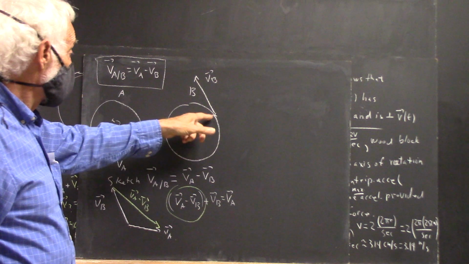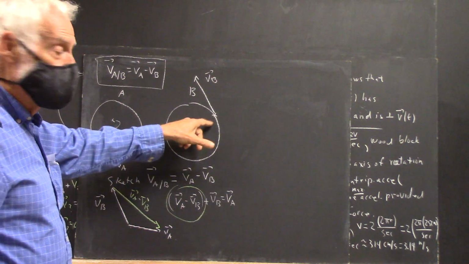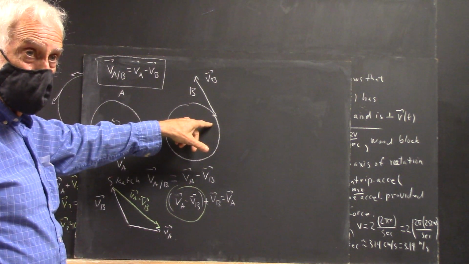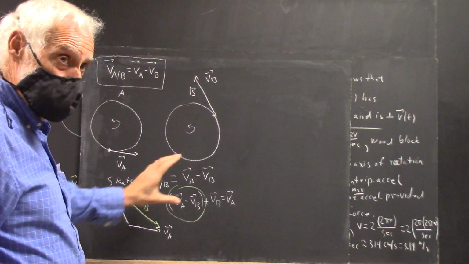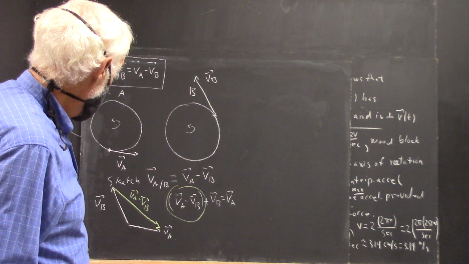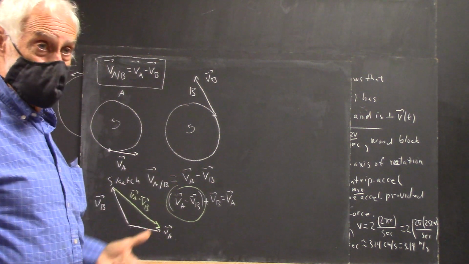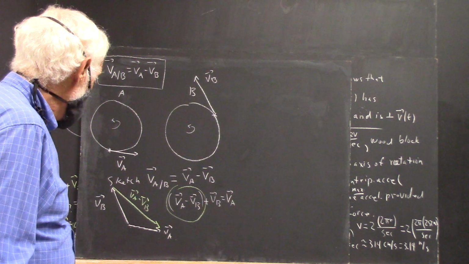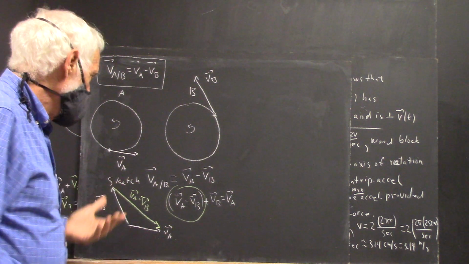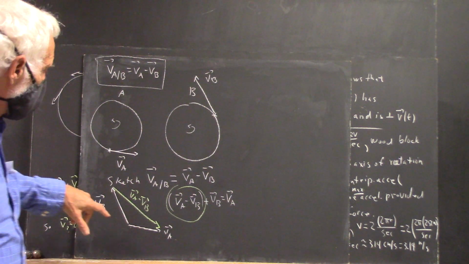I'll let you think about which sound this one produces and which that one produces. These vectors will tell you. The magnitude of this vector will tell you something, and actually you need the components, but we're not going to worry about it.